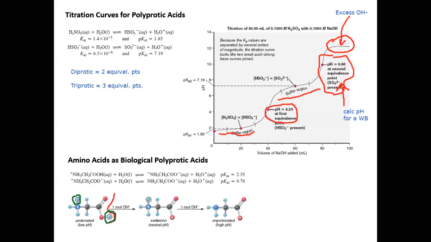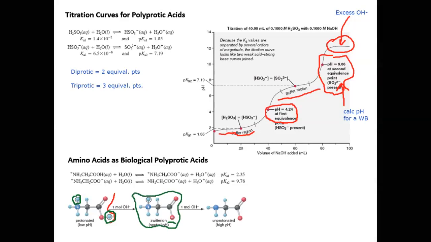When we add 1 mole of hydroxide, you see that the first proton to come off is the proton on the carboxylic acid. The reason this is an easier proton to remove is that it's on a more electronegative element. And so when an amino acid is at a neutral pH, it's called a Zwitter ion, meaning it has a negative charge and a positive charge in the same molecule.